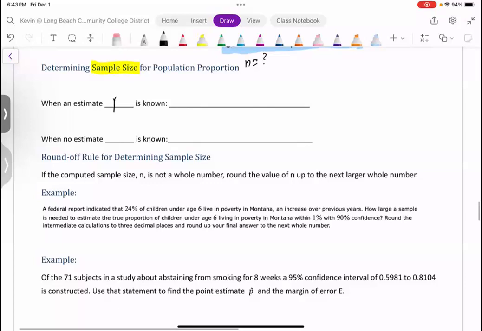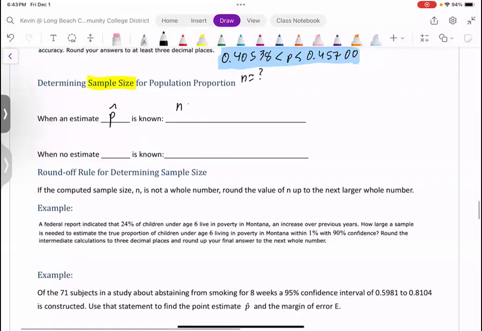So when an estimate of p hat is known, then the formula is here. And remember, q hat is 1 minus p hat.